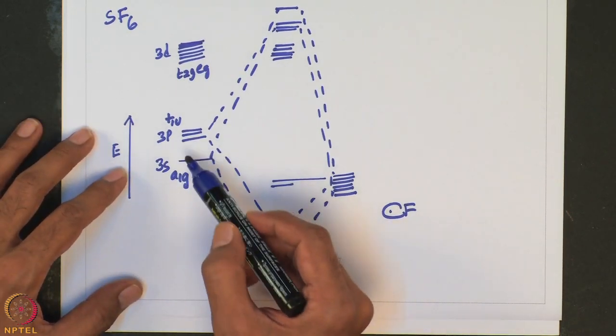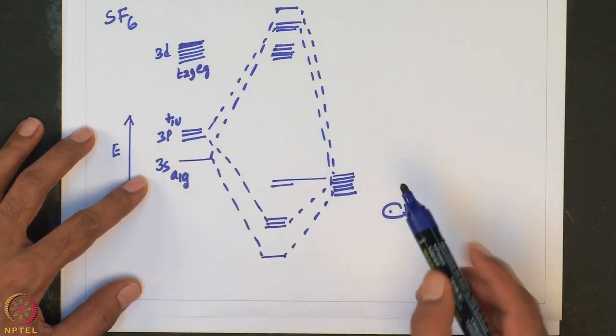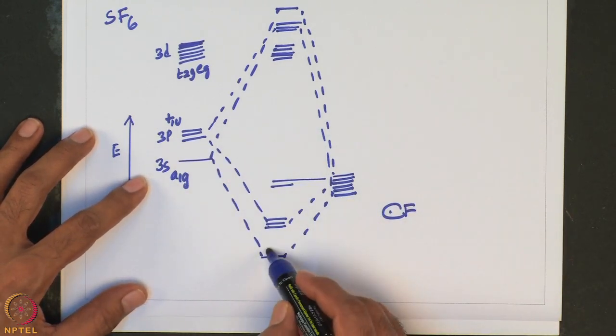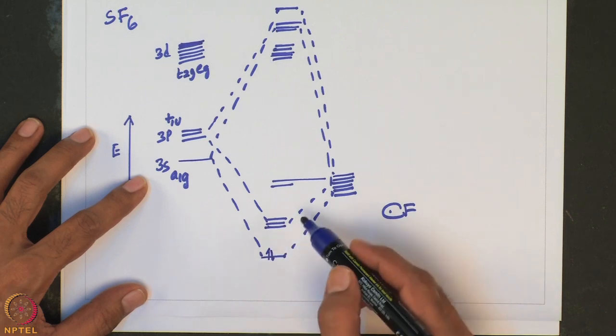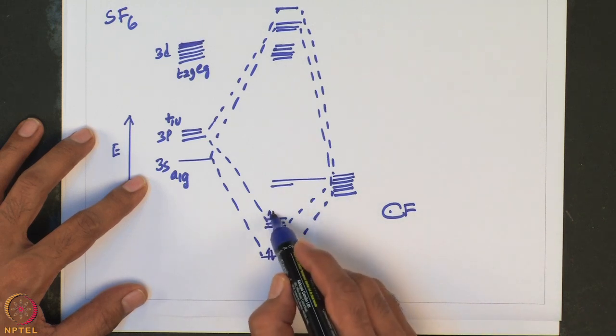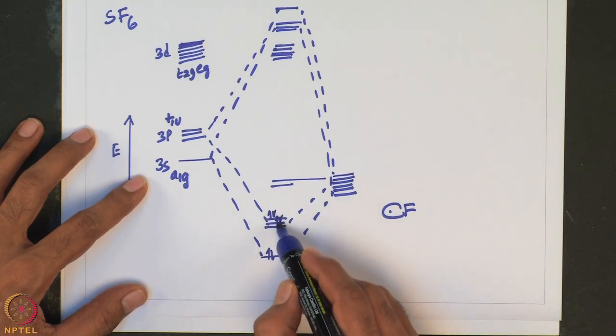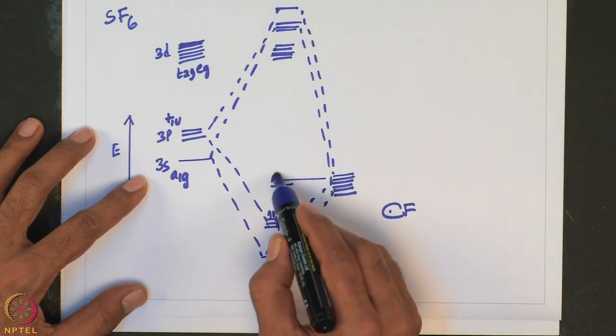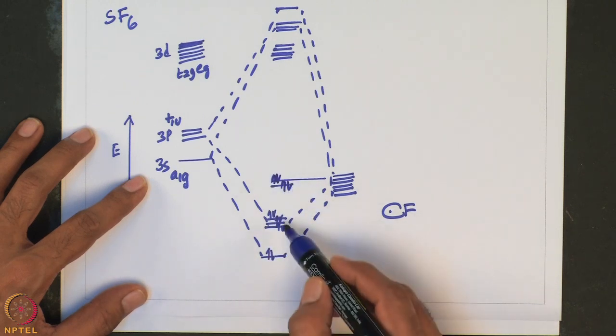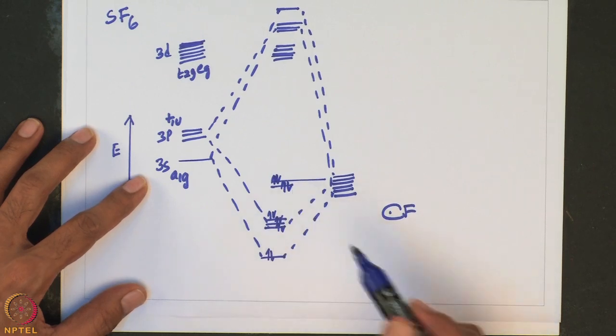We have here 6 electrons and 6 electrons are there. I can place 6 electrons here, and so a total of 12 electrons are placed here.